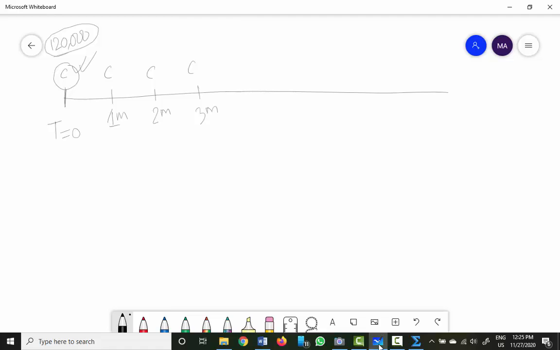You are borrowing 120,000 taka from the company to buy the phone today. At the same time, today itself, you are making your first installment, or first cash flow, of C amount, right?